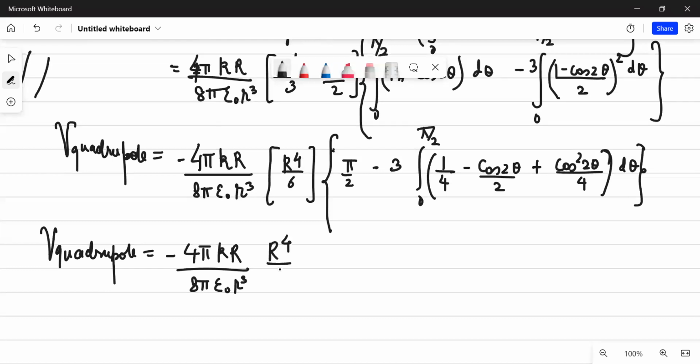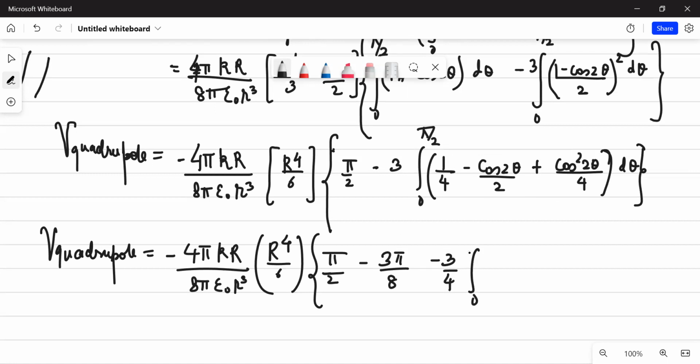I'll write r to the power 4 upon 6, and then you have this pi by 2 minus this 1 by 4. 1 by 4 d theta is theta by 4, and then I'll write 3 pi upon 8, and then this integral will become 0 because cos 2 theta integration becomes 0, and minus 3, take this 4 outside, 0 to pi by 2 cos square 2 theta, you write 1 plus cos 4 theta divided by 2, so this will be 8.